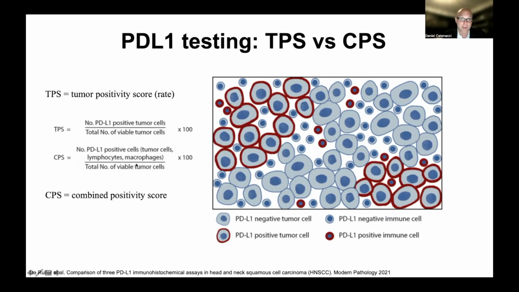And so it's an aggregate of all of that over the total number of tumor cells. And it's been shown over and over, as I'll show you in all the slides coming in the next series, that the combined positivity score is more predictive of benefit of immunotherapy than the tumor positivity score.